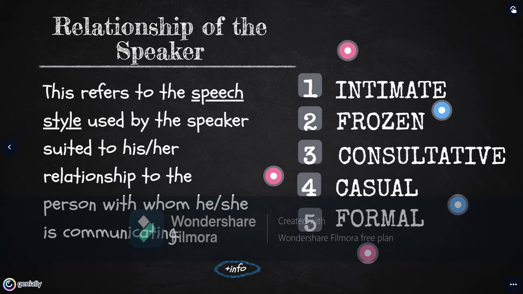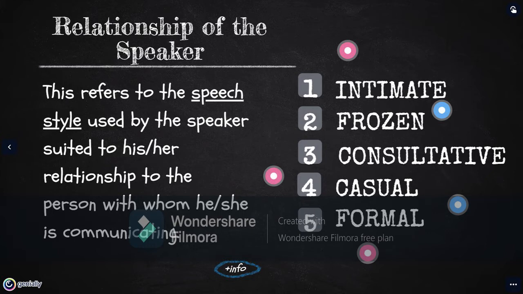In this style, the speaker communicates with the person whom he or she is clarifying things, discussing a problem, or seeking advice with. The next is casual style. In this style, the speaker shares personal information with his or her friends, classmates, or colleagues. This communicative style ordinarily occurs in our everyday life.